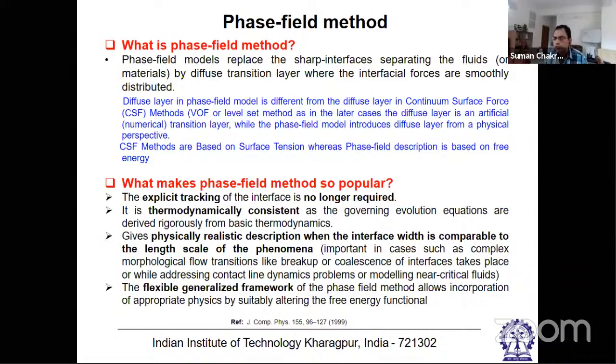This thermodynamic framework is very general and it gives a very nice physical description when the interface width, which is artificial, is comparable to the physical length scale of the problem. For example, if the droplet is breaking up into very small daughter droplets, that kind of a situation.